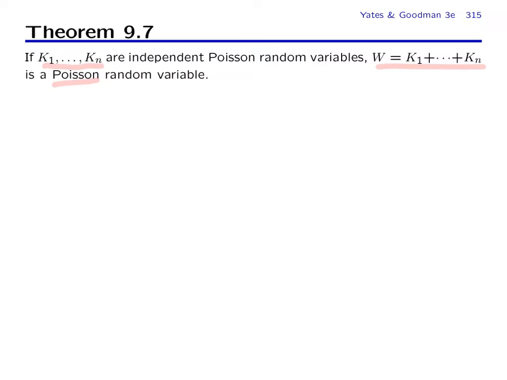To show this, we assume that ki is Poisson with parameter alpha i, and that means that its PMF is alpha i to the k, e to the minus alpha i over k factorial, for k equals 0, 1, 2, and so on, and 0 otherwise.